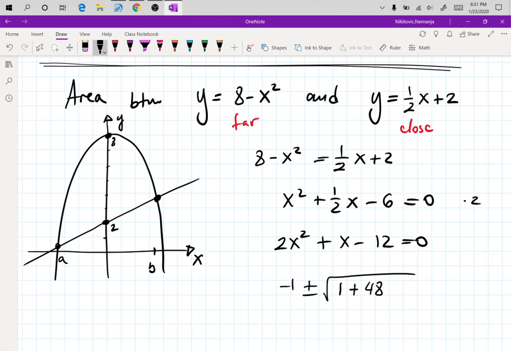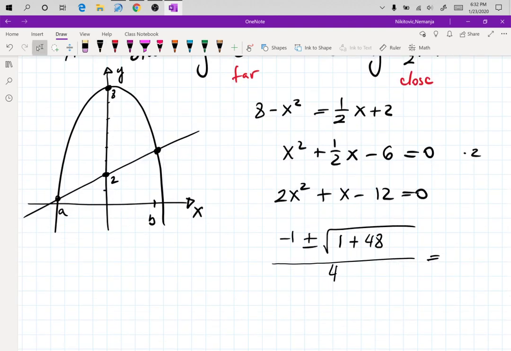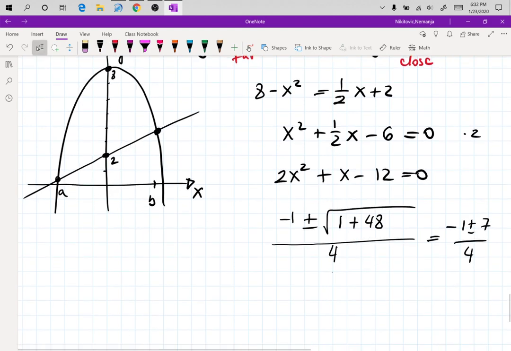Is that really 48, a 49, and a 7? Is this negative 1 plus minus 7 divided by 4? To get negative 2 as one solution, and positive 3/2.